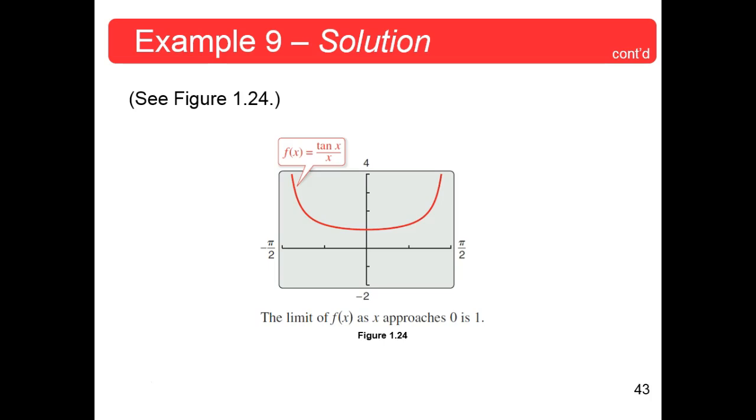So sure enough, that's pretty much how it looks. Now again, it goes to infinity here and here. No limit as you approach negative pi halves or pi halves, none whatsoever, because that's one of those discontinuities you're never going to overcome.